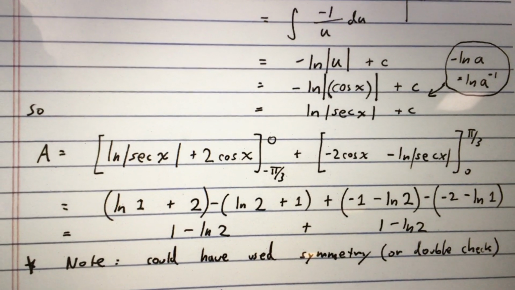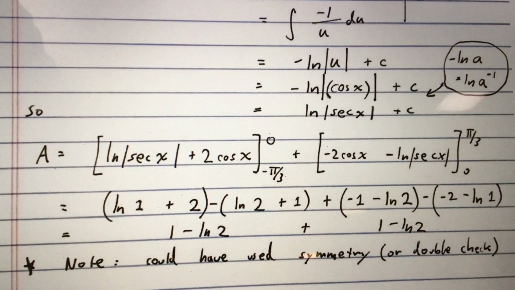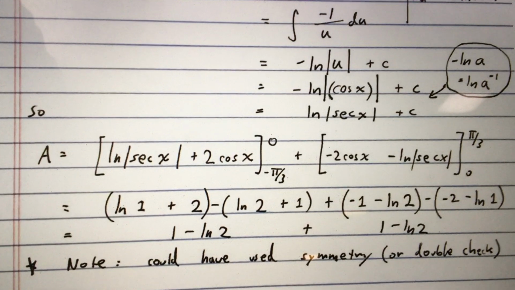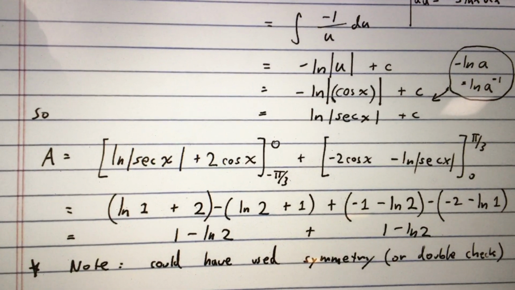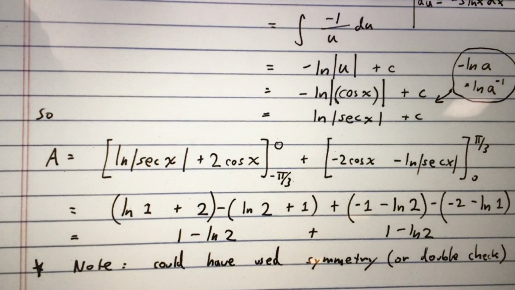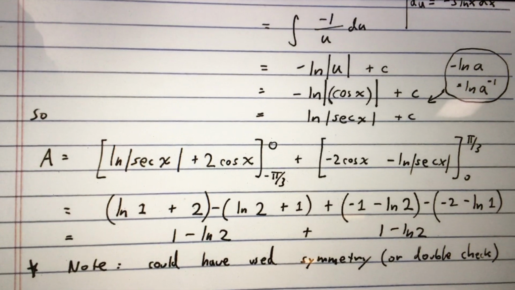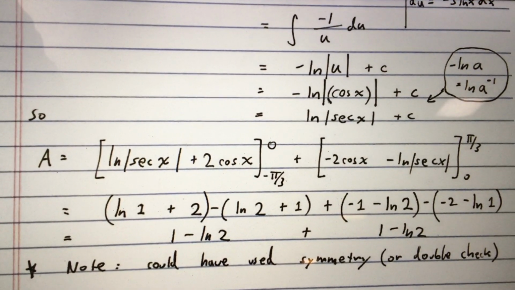And so I get 1 minus natural log of 2, 2 minus 1 gives me the 1, and then minus natural log of 2, and I get that same answer again for the second integral, 1 minus natural log of 2. And the note at the bottom says I could have noticed, if I knew a little bit more about trig functions, that those two areas that were shaded are the same exact shape and size.